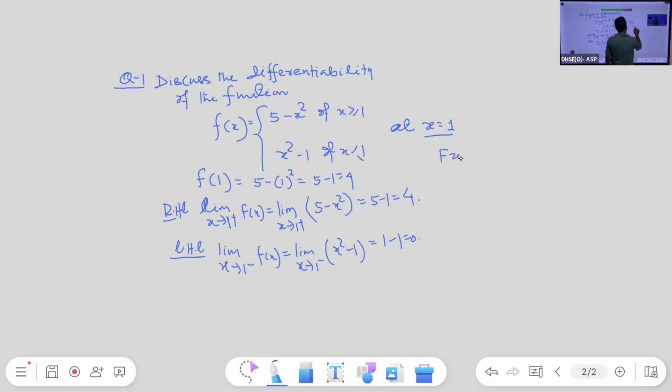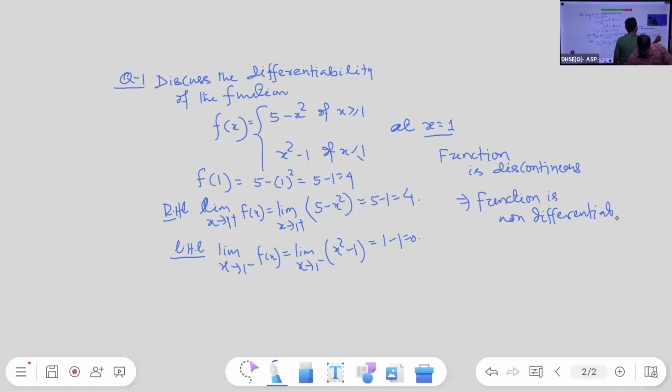Function is discontinuous implies the function is non-differentiable. Note it down.